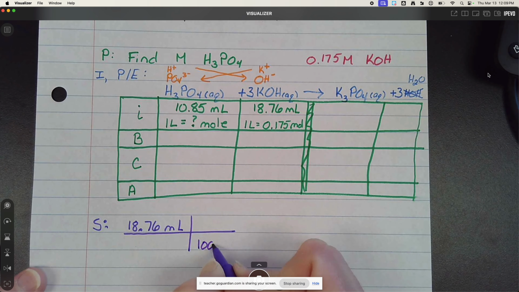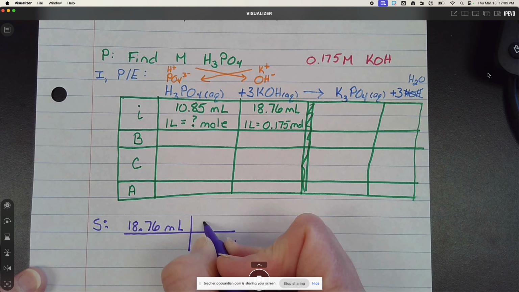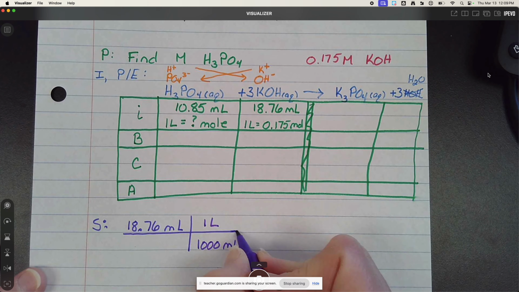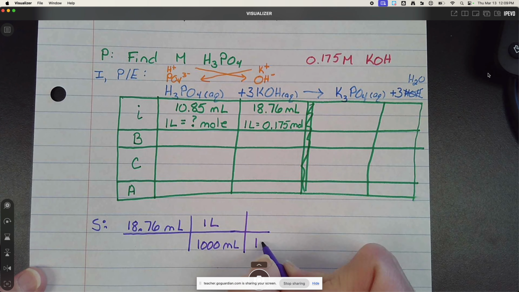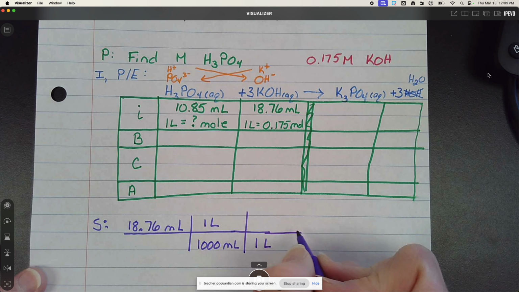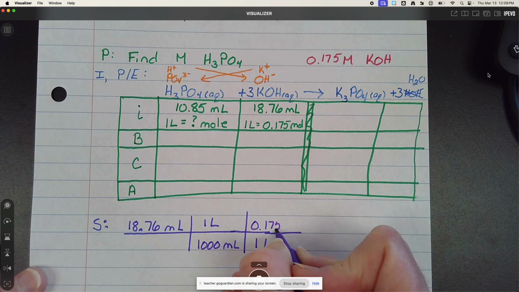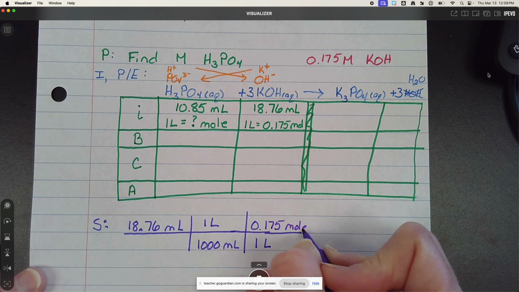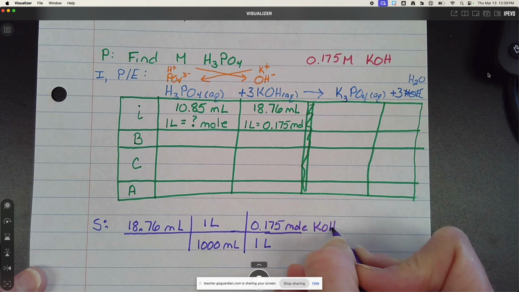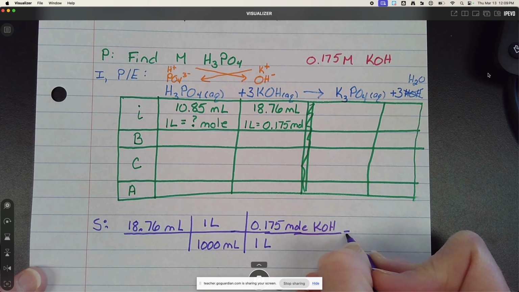I know that there are 1,000 milliliters in a liter, and that every 1 liter of this potassium hydroxide contains 0.175 moles of the potassium hydroxide.